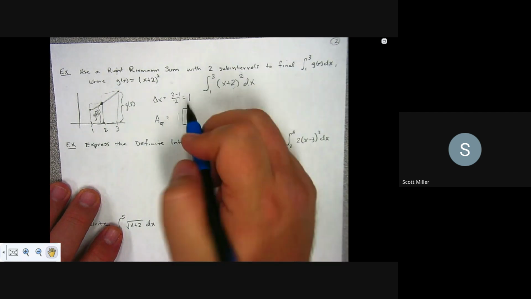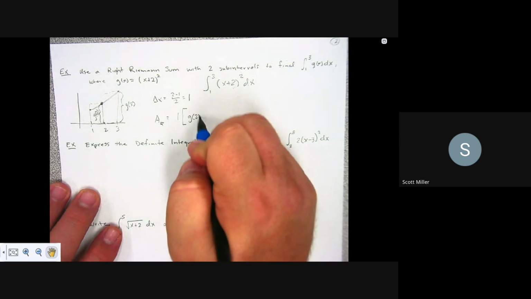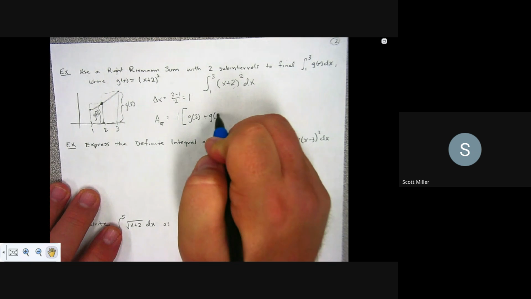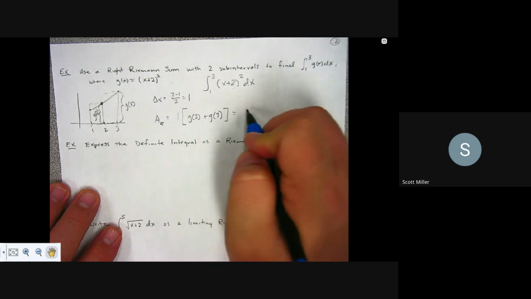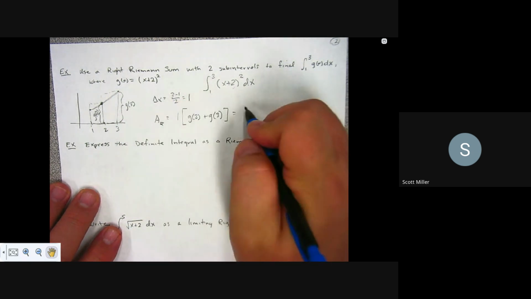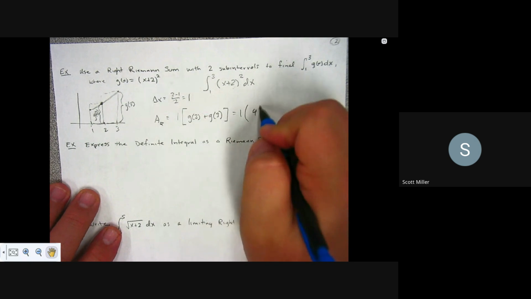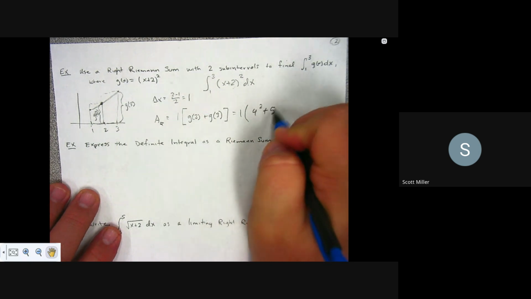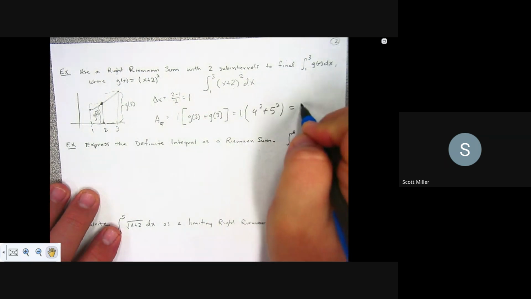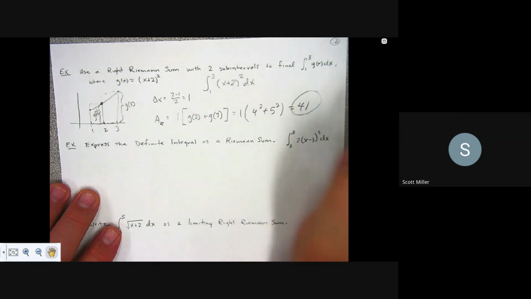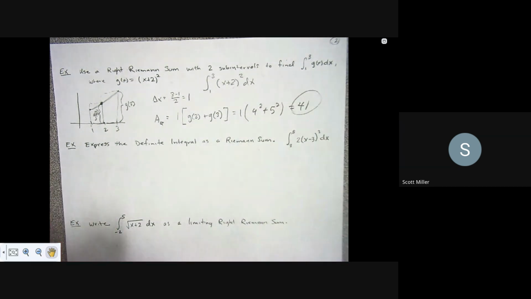So this is going to be g of 2 plus g of 3. And then we can figure those out by our numbers over here. We're going to have 1 times, at 2, I'm going to get 4 squared, at 3, I'm going to get 5 squared. And we can work this out right here and get the answer 41. So there's our approximation right there.